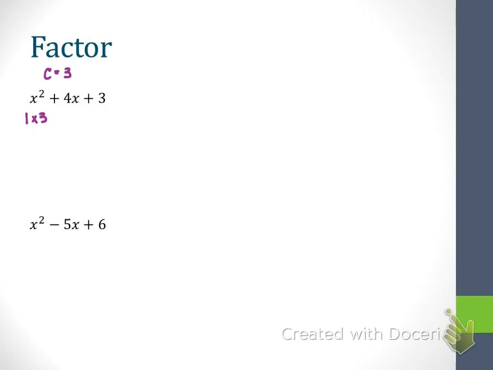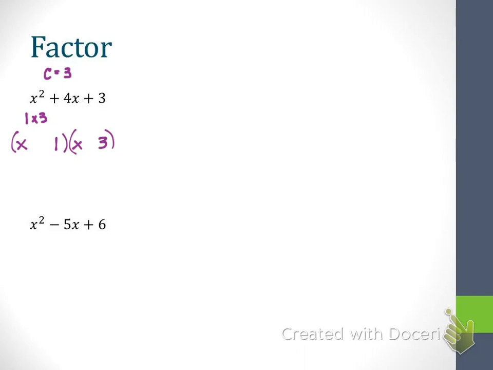All right? So I need to ask myself this. When I FOIL, if there's no number in front of x squared, I know my answer is always going to be two parentheses. What is the first term in each parenthesis going to be? X, always. Since there's only one set of factors, I'm going to write 1 and 3.